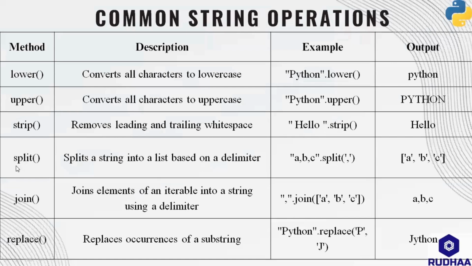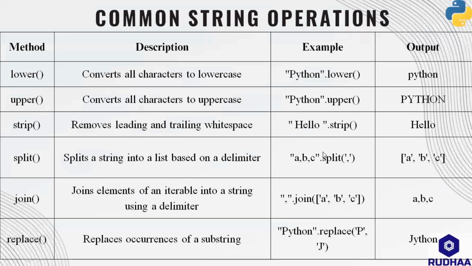That means you can remove the white space that is present at the beginning as well as at the end. And next operation is split. So split splits a string into a list based on a delimiter. Delimiter here is a comma. So it will split a string into a list. So here the string is a comma b comma c.